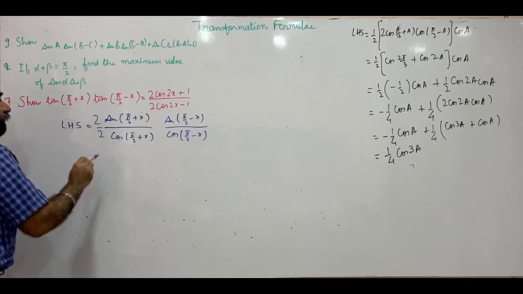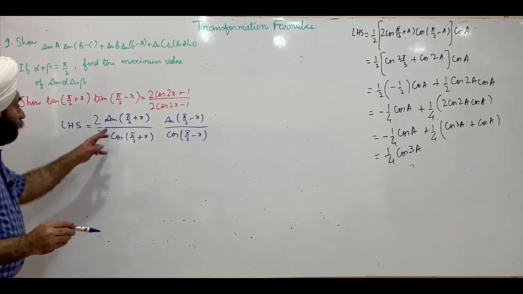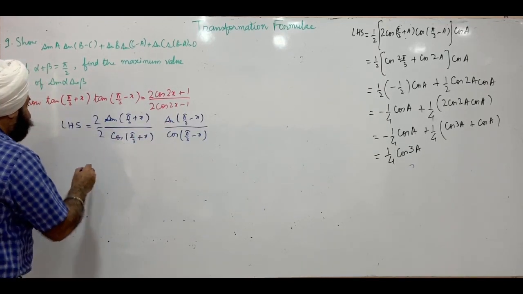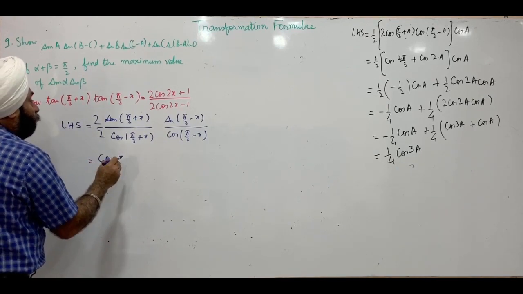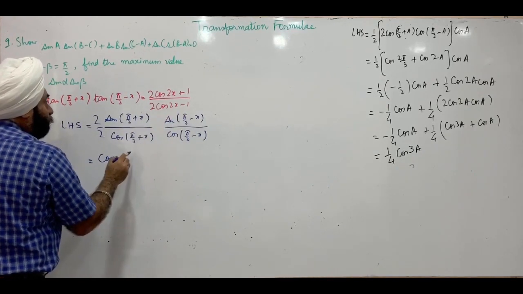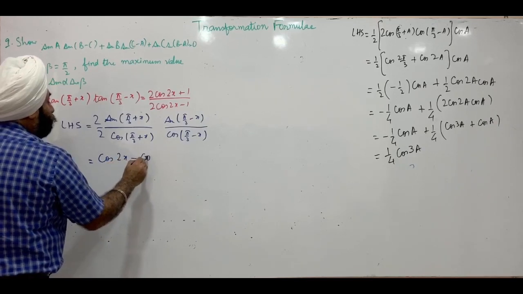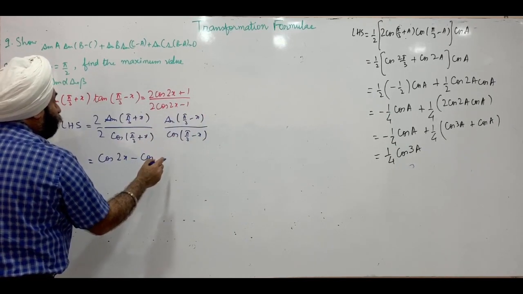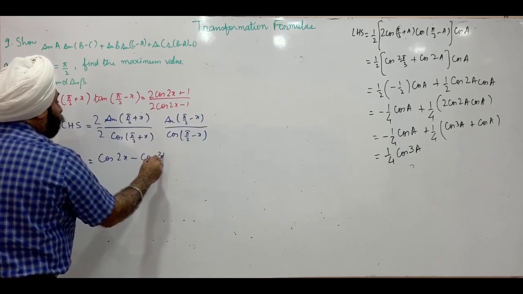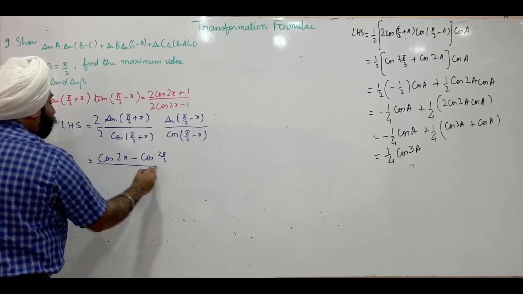Multiply by 2, divide by 2. Numerator, this is 2 sin A sin B. This is cos of A minus B minus cos of A plus B. That will be 2 pi by 3. Denominator.